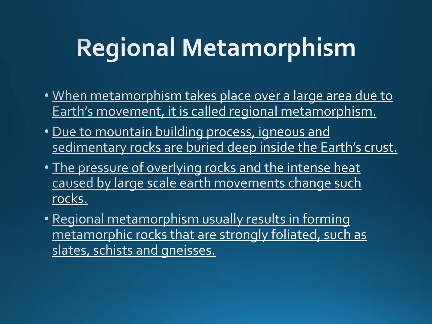The pressure of overlying rocks and the intense heat caused by large-scale earth movements change such rocks. Regional metamorphism usually results in forming metamorphic rocks that are strongly foliated, such as slates, schist, and gneisses.